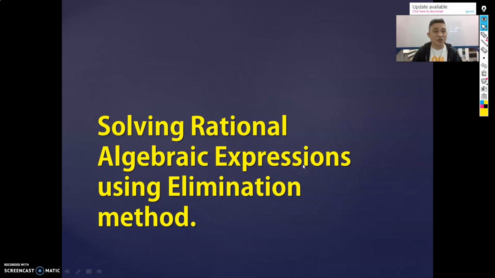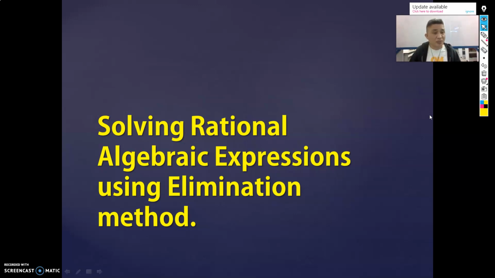So, we will continue with our topic last time. Our topic for today is solving rational algebraic expressions using elimination method. Like our previous topic, how do we find the solution or the intersection without graphing?